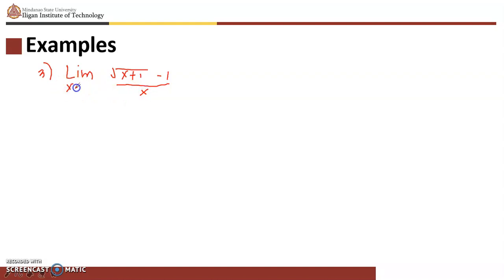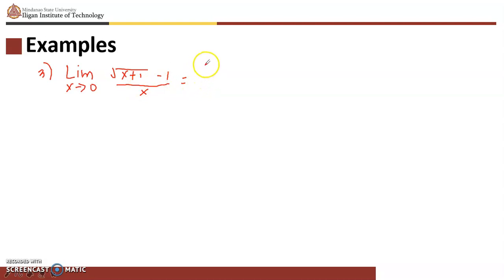as x approaches 0. If we directly substitute 0 here, we'll have square root of 1 minus 1, that will give us 0 over 0. So what do we do here?